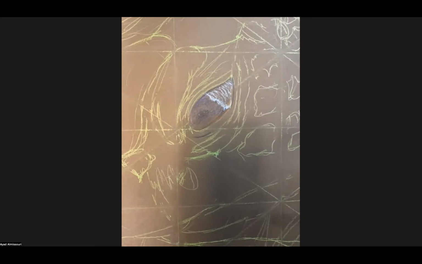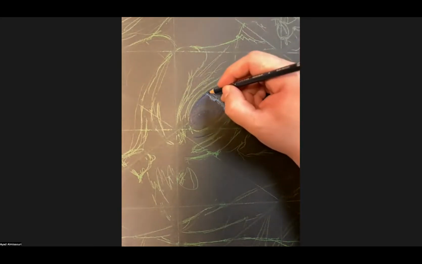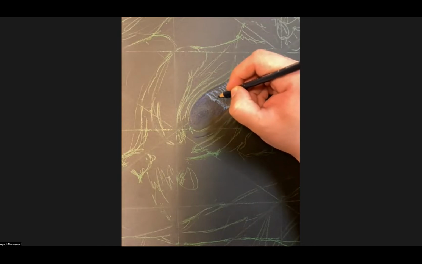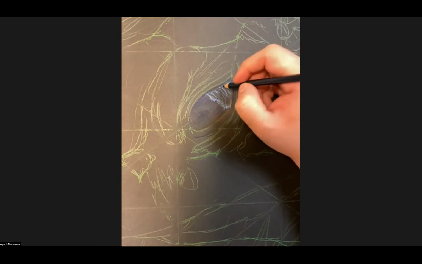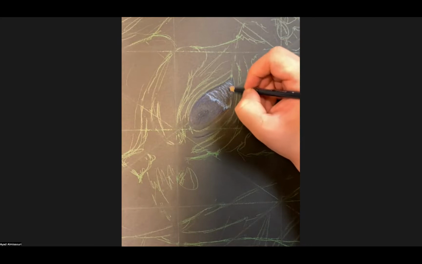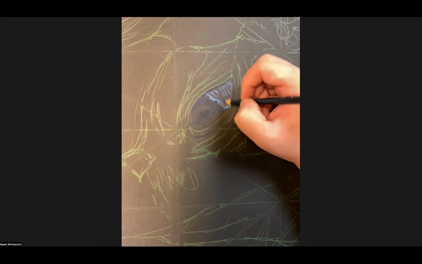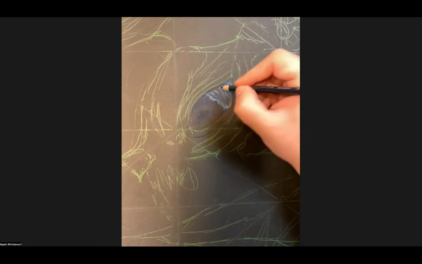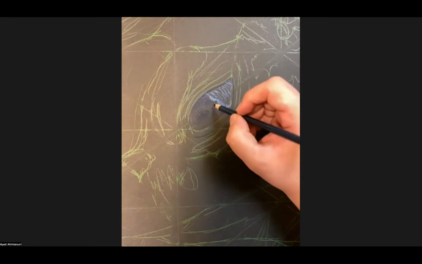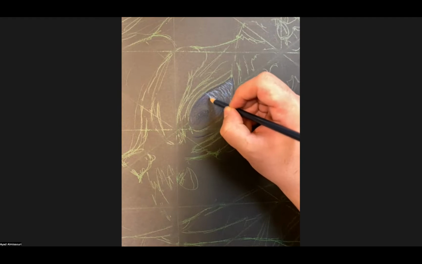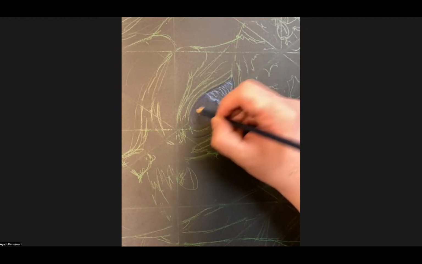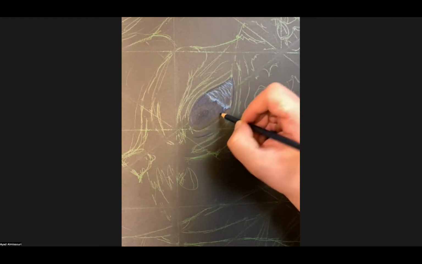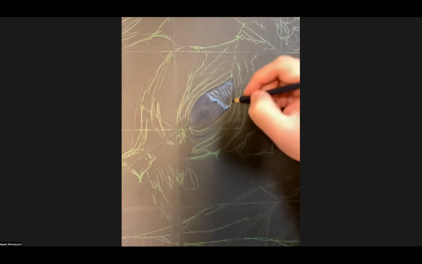But I also want to neutralize that with some indigo blue. Kind of fill in those crevices. And I like to work around the edges with that nice contrasting color.